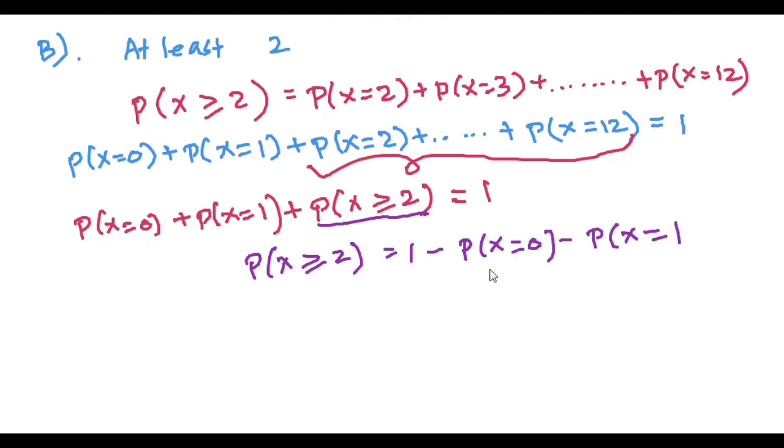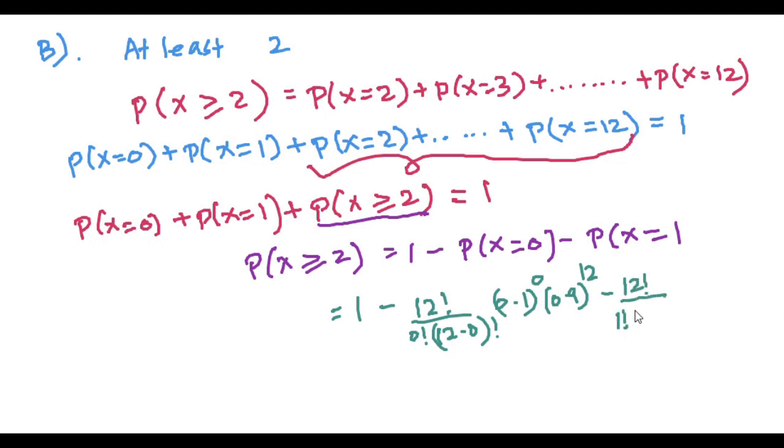Now we apply the formula. P of x equal to 0 is 12 factorial divided by 0 factorial into 12 minus 0 factorial, into 0.1 to the power 0, into 0.9 to the power 12, minus 12 factorial divided by 1 factorial into 12 minus 1 factorial, into 0.1 to the power 1, into 0.9 to the power 12 minus 1.